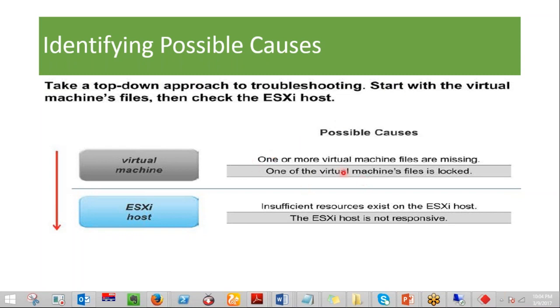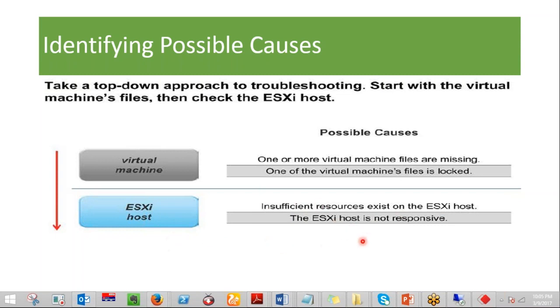And still, if you are seeing issues, then you have to go to your ESXi host and validate whether insufficient resources exist on the ESXi host or not. To power on your virtual machine, you have to validate that sufficient CPU and memory are available on this particular ESXi host. Insufficient resources on your ESXi host is one of the causes.